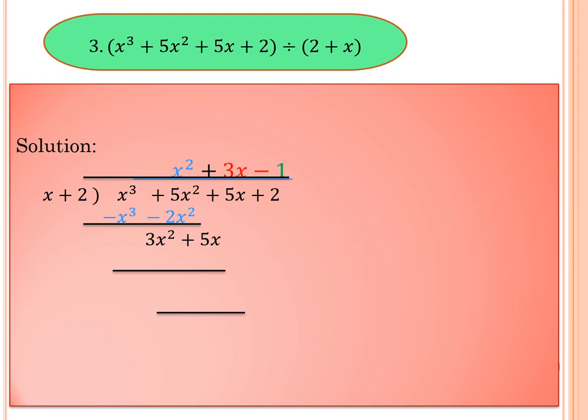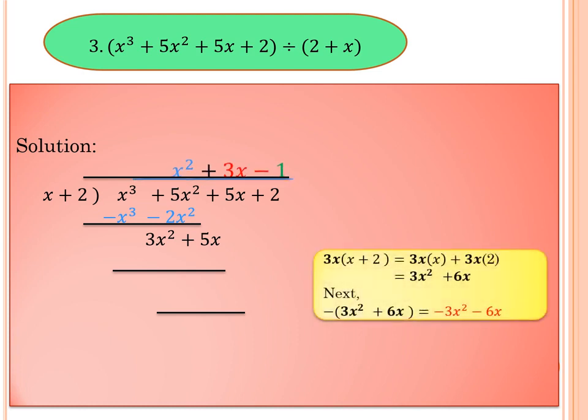So, after this one, mag-multiply tayo. Okay? Yung 3x na nakuha natin, multiply natin kay divisor. So, that's why we have this one. 3x times x plus 2 will give us 3x squared plus 6x.